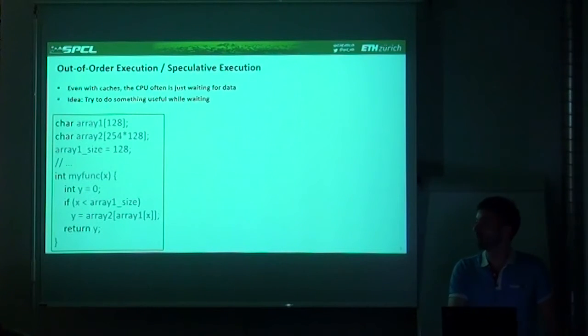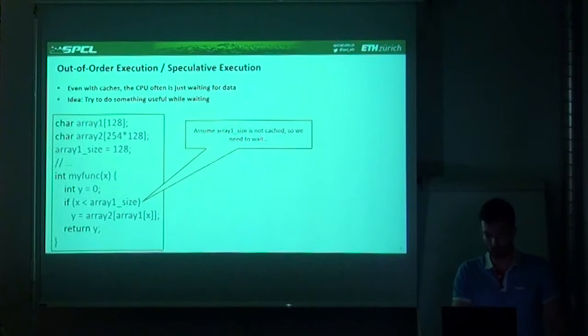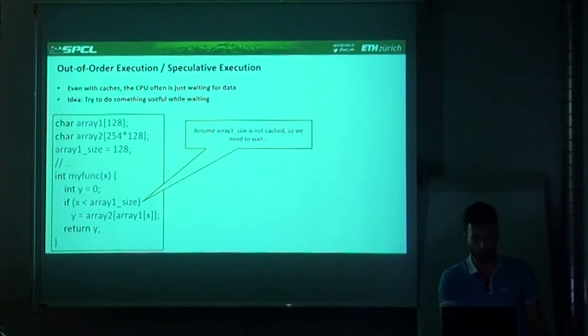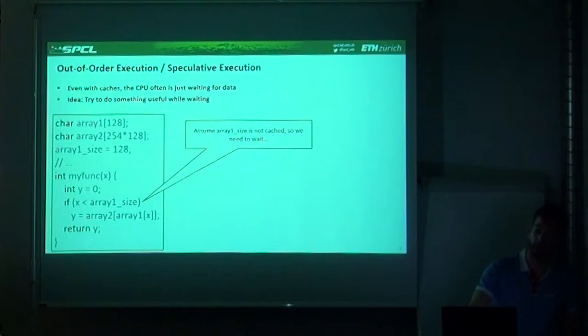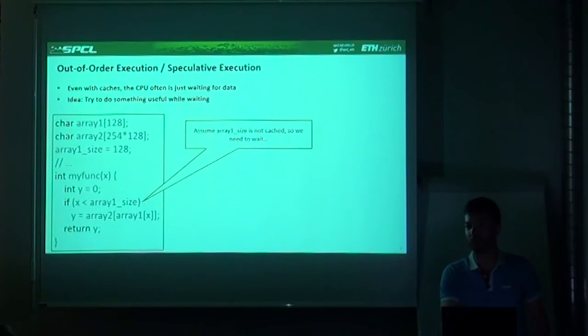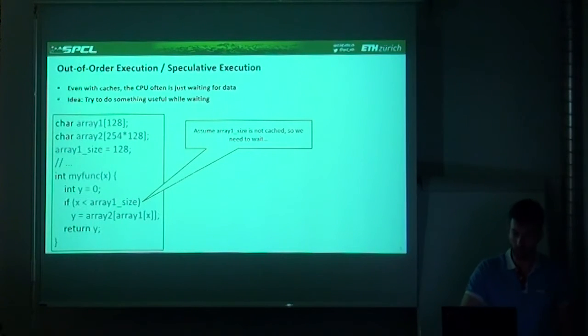So the idea is to do something useful while you are waiting. In this code, we have an if, and we are comparing whether x is smaller than array1_size. I think this is very common. Every one of us has written this many times. It's just a bounds check on an array. This x is supplied from the outside. Let's say it's user input, so we can't just blindly use it to index this array.